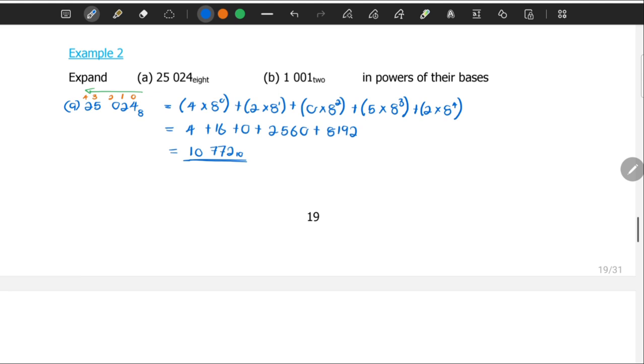And the next one, B, is 1001 to base 2, to be expanded to base 10.